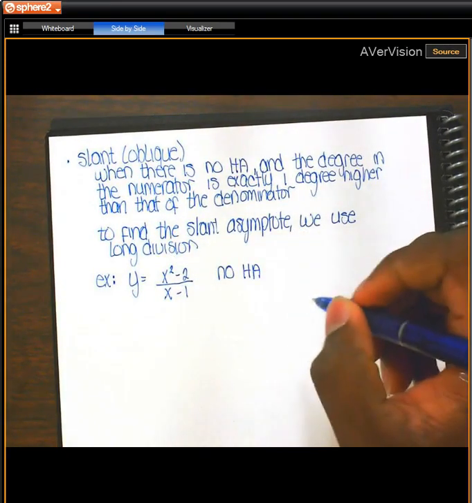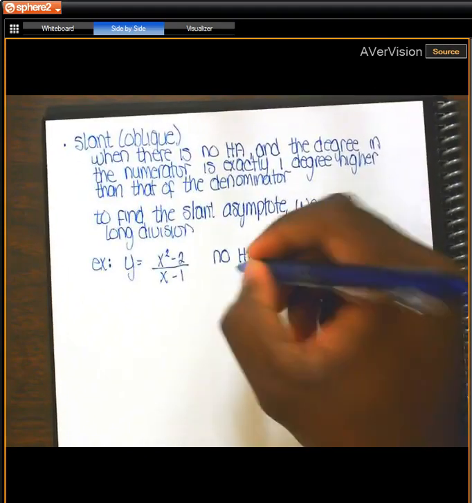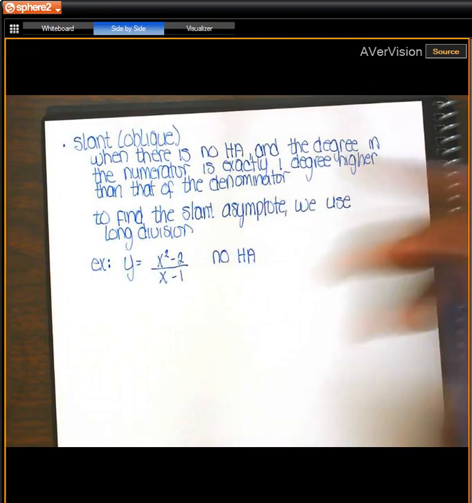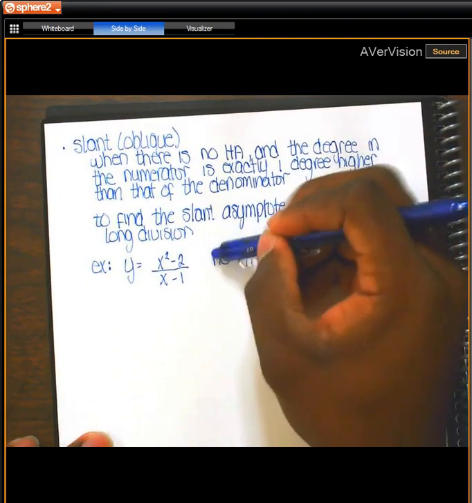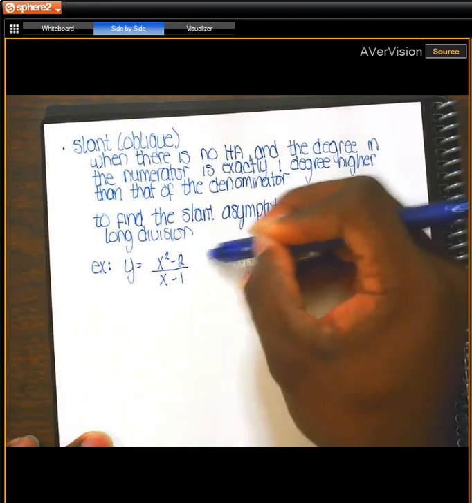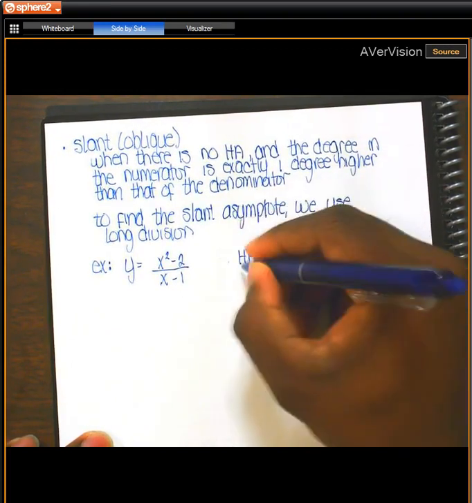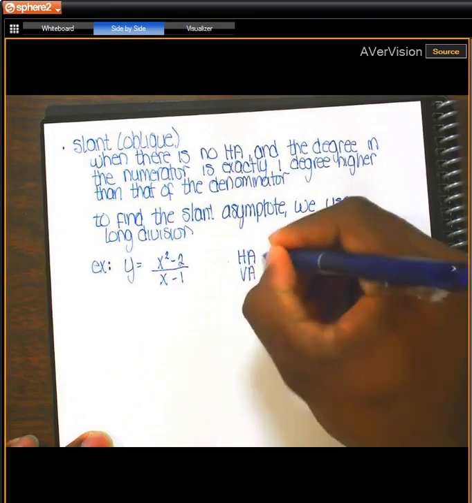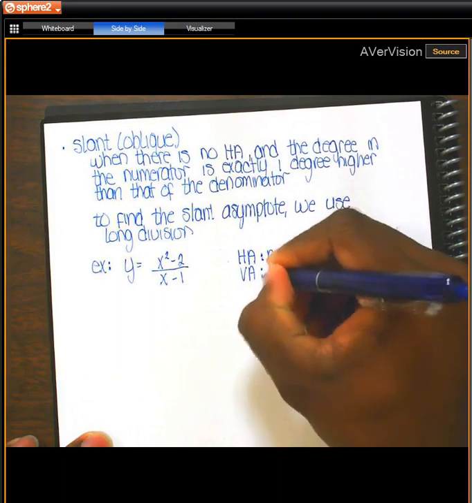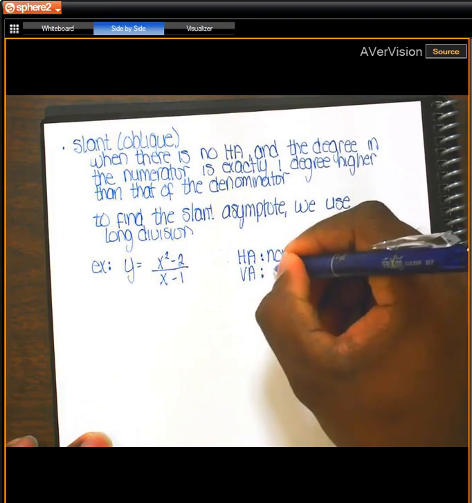What about vertical asymptote? How'd you find that? Exactly. Is it y equals or x equals?